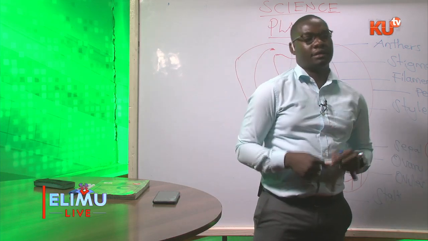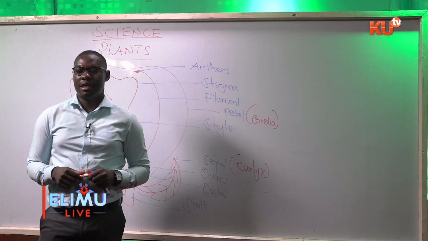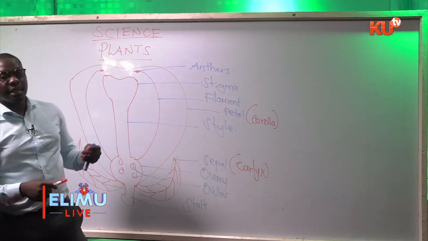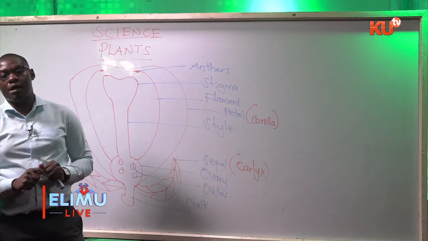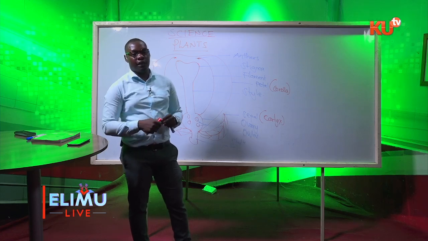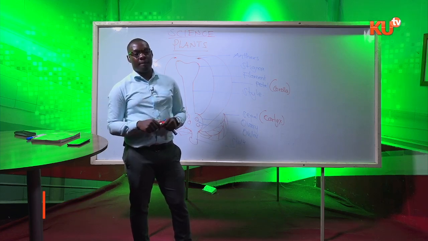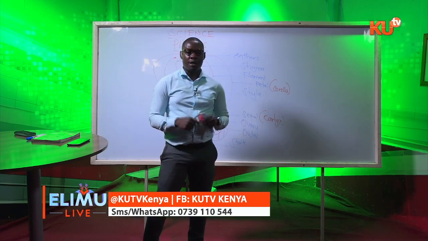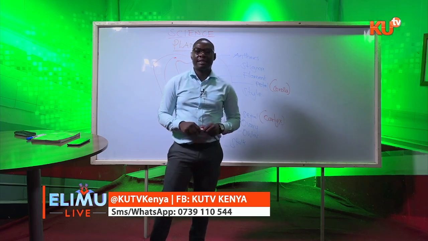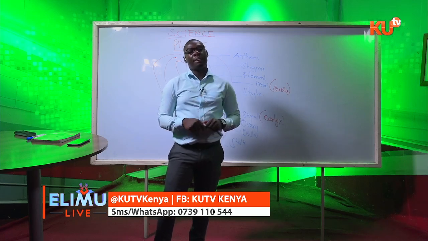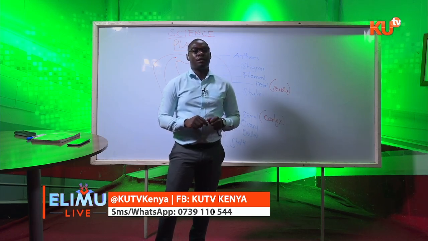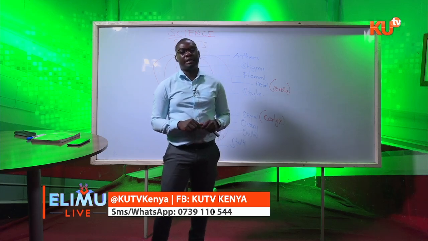After they fuse, which will be the reproduction, they give us the new life springs. So even in a flower, we have the male parts and the female parts. The male parts of the flower will produce the male sex cells, which will be called the pollen grains.